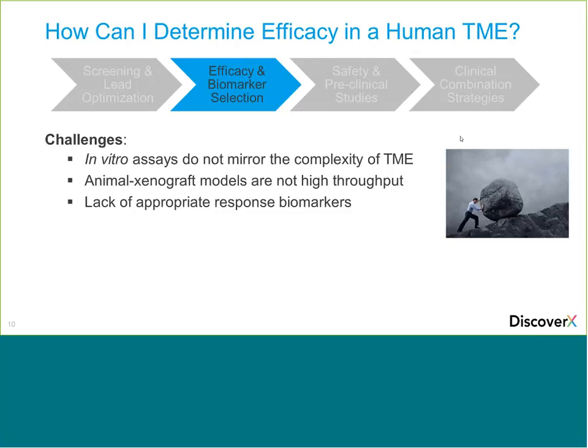And in particular, in the case of cancer immunotherapies, the question revolves around, how do I test this molecule in a complex human tumor microenvironment which mirrors what would be observed in an actual patient tumor? The challenges associated with trying to address that question is that in vitro assays that have been currently utilized do not actually recapitulate the complexity of the human TME, because oftentimes these are monocultures of these assays.